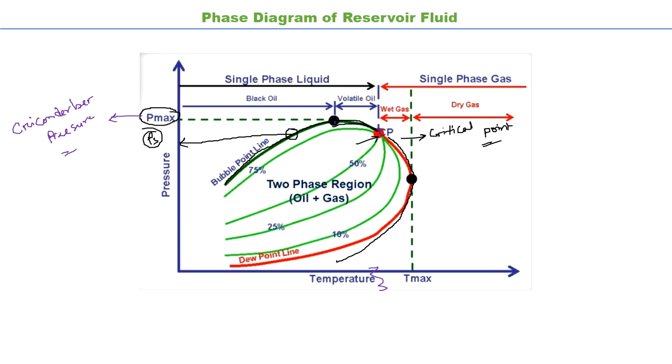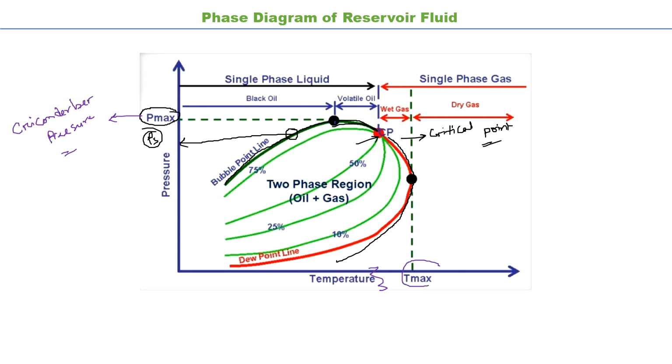That means it is the maximum pressure value in the phase diagram, irrespective of the shape of this PT diagram. So how do we get this Pmax value? We have to draw a horizontal tangent over this PT diagram, and the point at which it touches the PT curve, the pressure of that particular point is known as the Cricondenbar pressure.